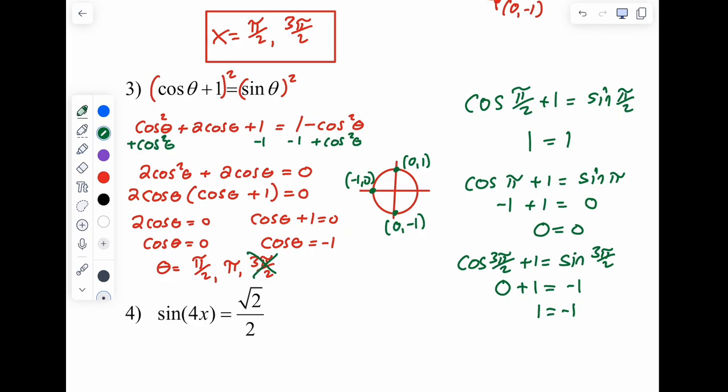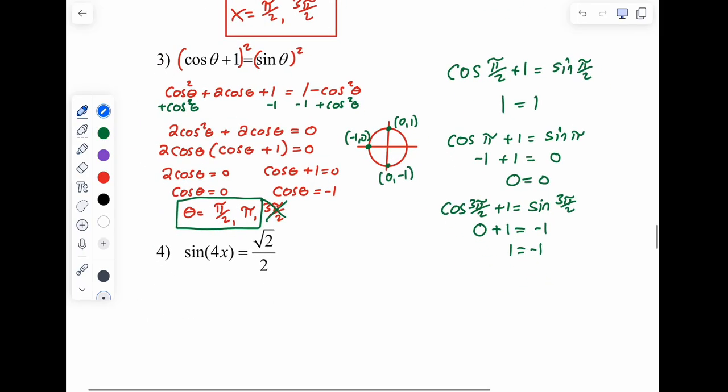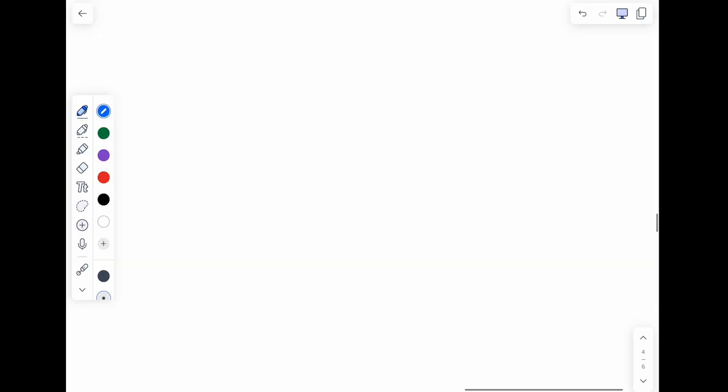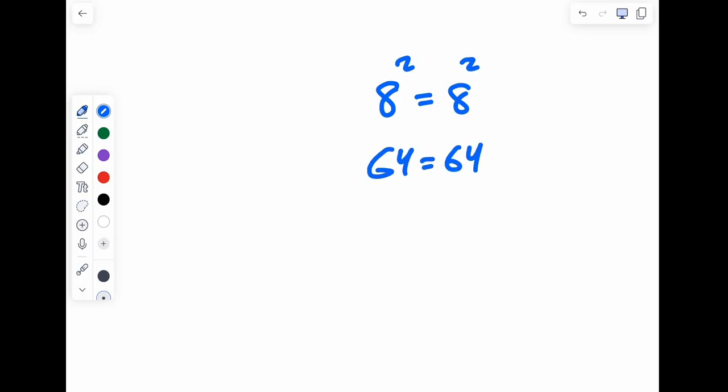Why does that happen? Okay, let's circle these, get rid of that one. Why does that happen? Well, let's just talk about squaring both sides, okay? So you can just watch this. Watch and learn. Don't write this down. If I have 8 equals 8, that's true. And if I square both sides, it's still true.